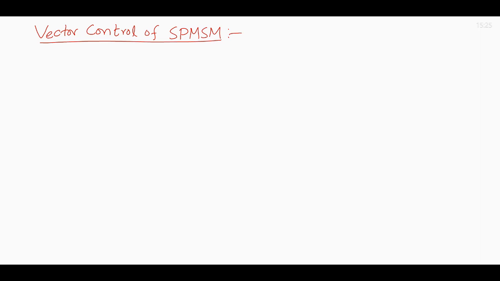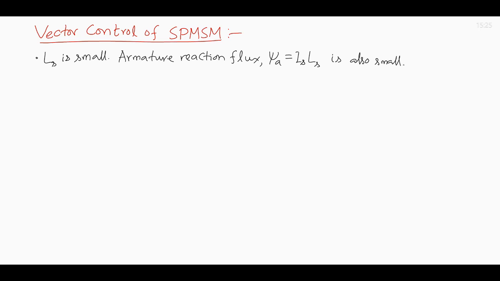Because synchronous inductance is small, armature reaction flux, that we denote as flux linkage psi A, that is Is into Ls, is also small, because Ls itself is small. So, armature reaction is weak.